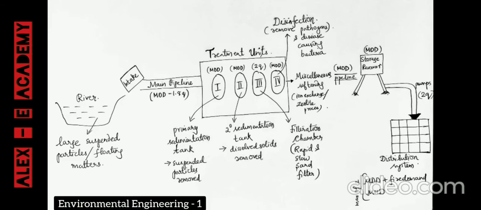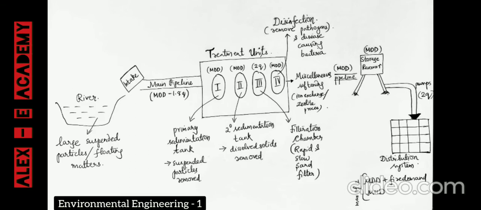You just look into the figure. At the extreme left side, I've given the figure of a river, and in the river there will be large suspended particles or floating materials present. From there we take our water to a particular intake, and there we store our water.